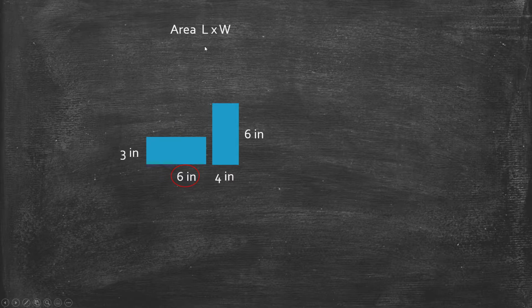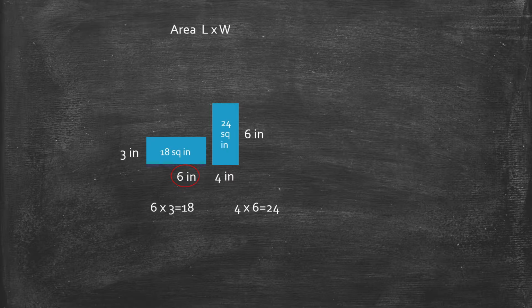So remember, area is length times width. So the length is 6, width is 3, length is 4, width is 6 here. So 6 times 3 is going to give us 18. 4 times 6 is going to give us 24. Now we're trying to find the complete area for the composite figure.